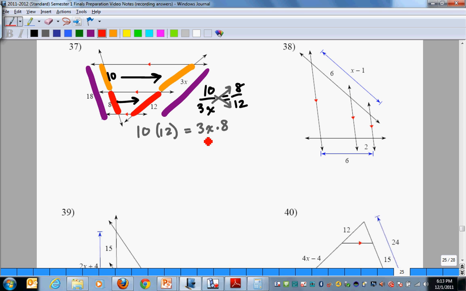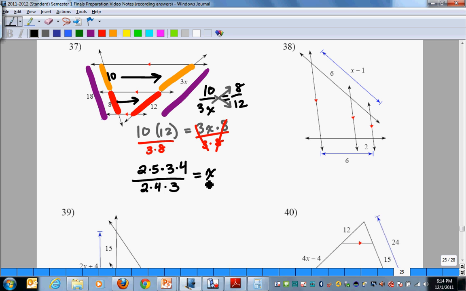I'm going to see if I can't factor everything out. 3 times 8 here. I'm going to bring 3 times 8 over here. So factor, we have 2 times 5 and 3 times 4 over 2 times 4 and 3.